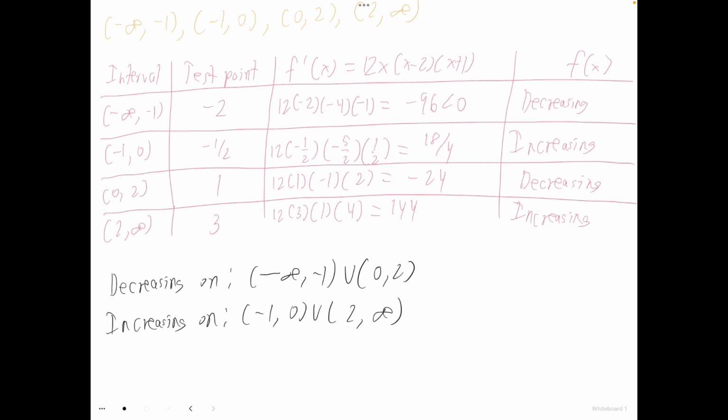All this really amounted to was taking the derivative, figuring out where it's 0, and then picking test points from the intervals where it's not 0 to figure out when we're increasing and decreasing.